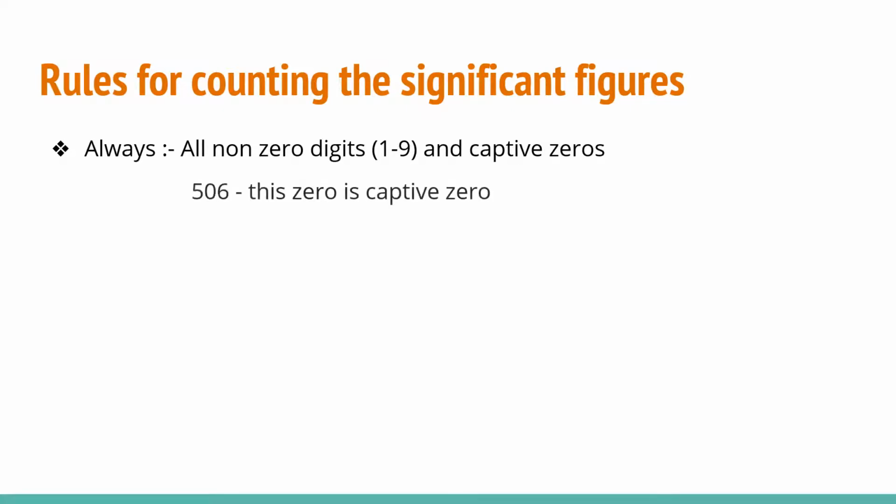For example, in 506, this 0 is a captive 0, so it would be counted. So there are three significant figures in this number. So the first rule is that all non-zero digits, numbers 1 to 9, and captive zeros are always significant.